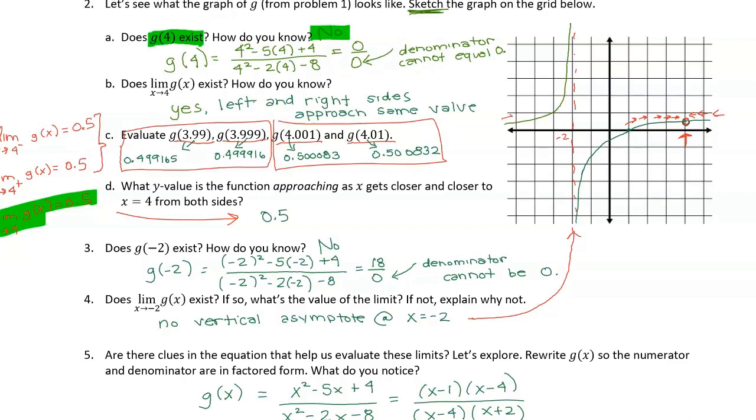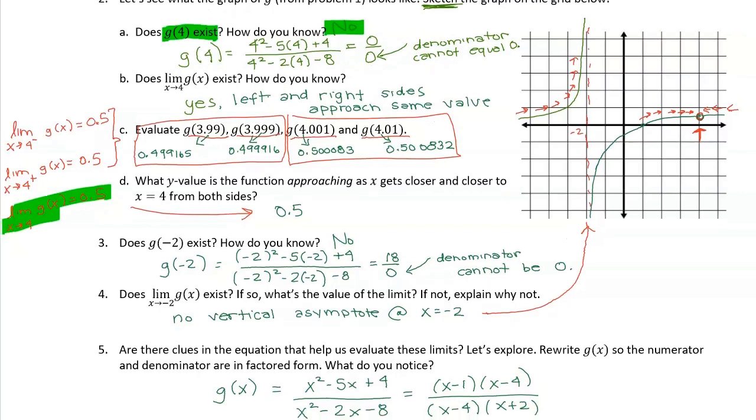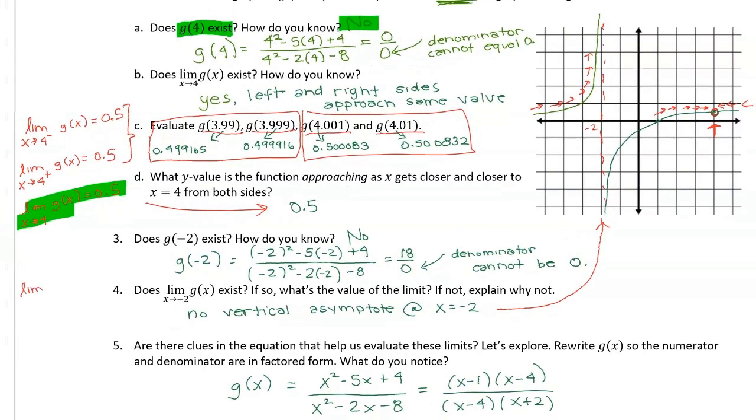As we come in from the left, approaching -2, we see that the limit goes to infinity. So the limit as x approaches -2 from the left of g of x is going to equal infinity.